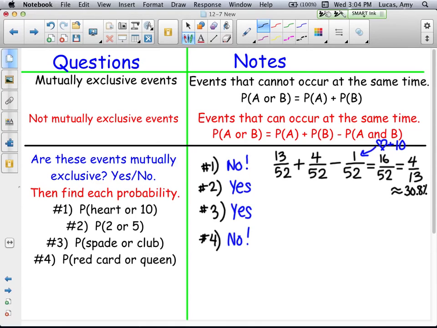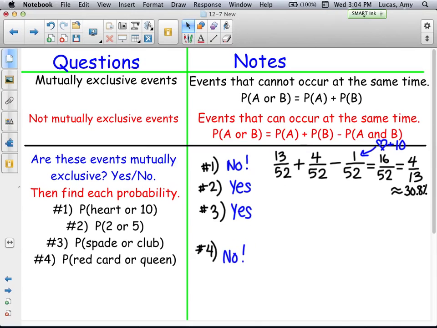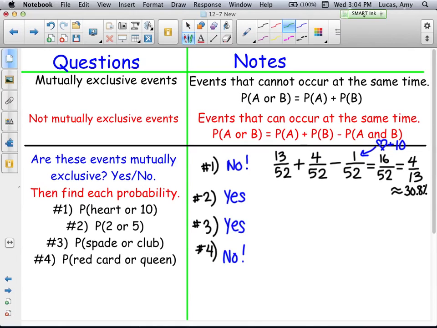All right, next one. The next one we said yes. So that means yes, they are mutually exclusive. They're totally separate. So the probability of a 2 or a 5, well, there are 4 2s and there are 4 5s. So the probability of getting a 2 or a 5 means there are 8 out of 52.